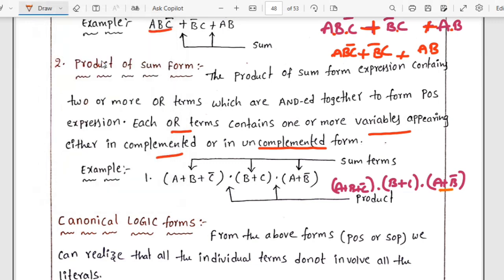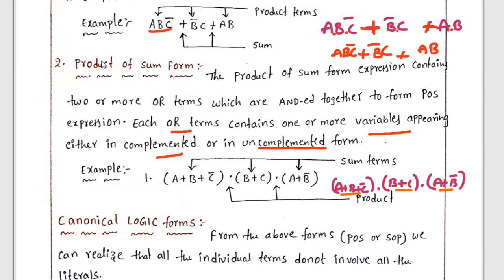A sum may be complemented or uncomplemented. This is a product. So A plus B plus C bar is a sum, A plus B bar is a sum. This is a product of sum.